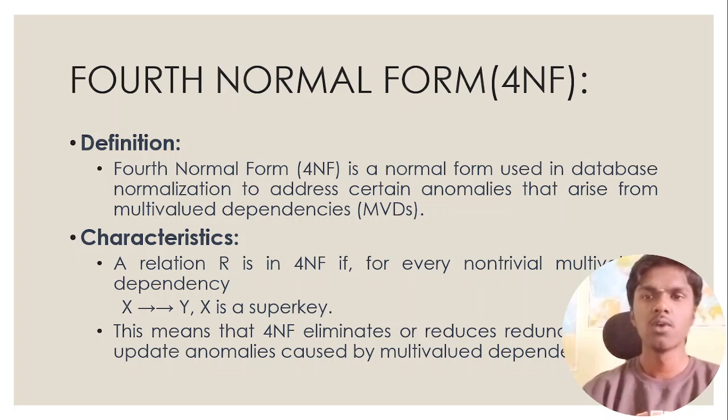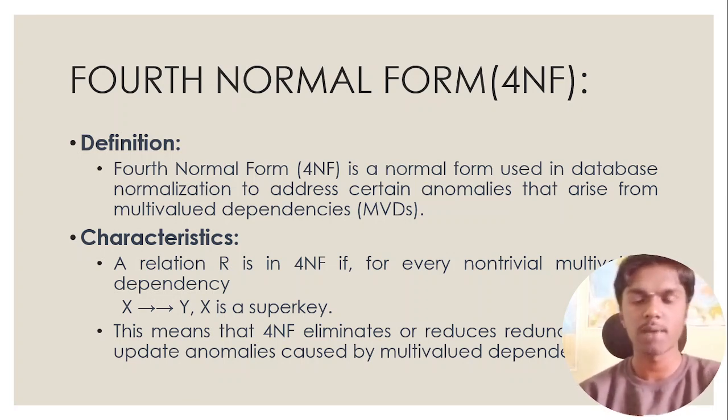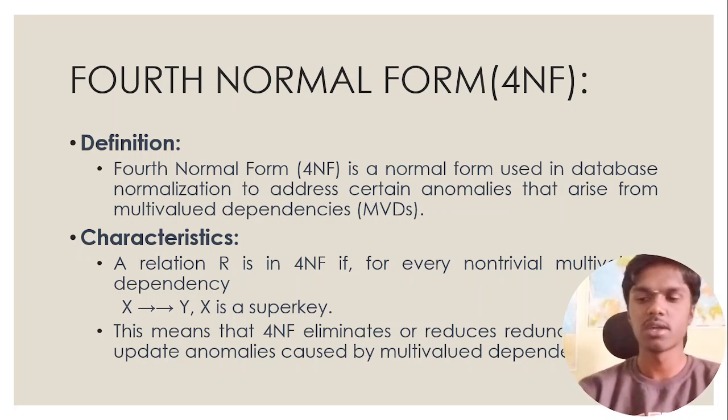This means that 4NF eliminates or reduces redundancy and update anomalies caused by multivalued dependencies. So it's an upgraded version where the redundancies are reduced and anomalies caused by multivalued dependencies are removed.